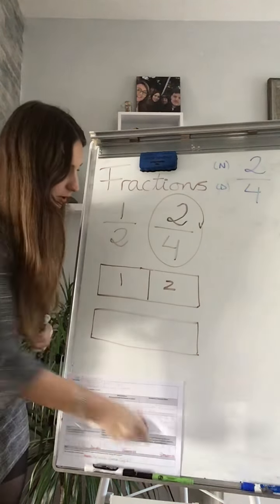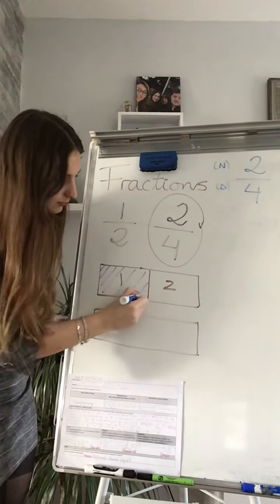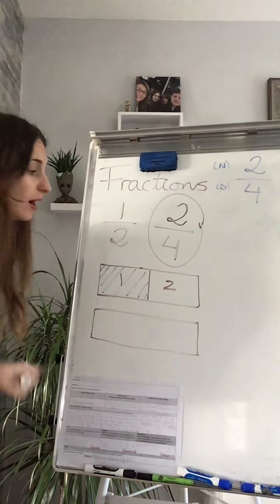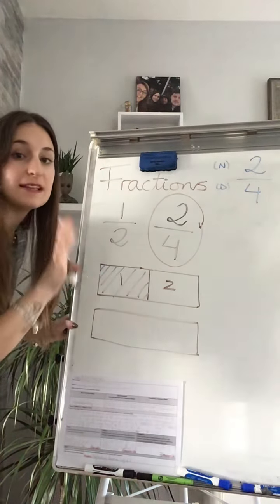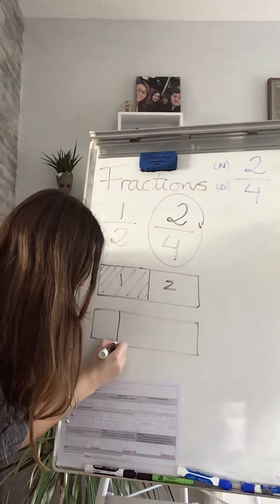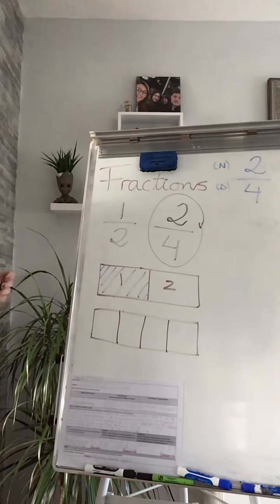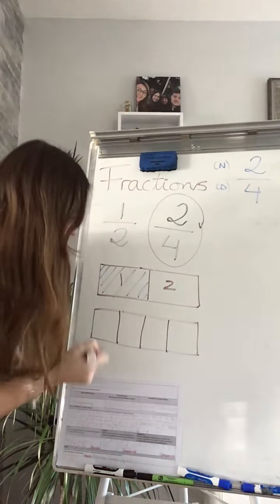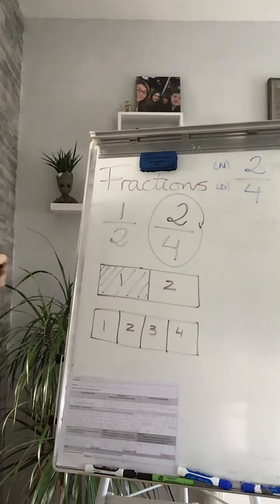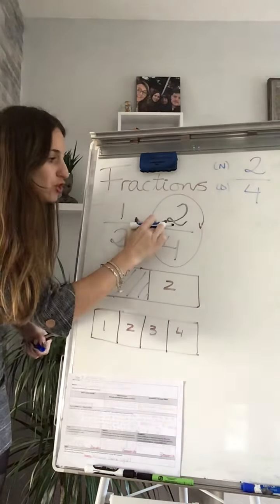And I am going to eat 1. The other chocolate bar is split into 4 equal parts. So let's try 1, 2, 3, 4. More or less, let's see. 1, 2, 3, and 4. And from this chocolate bar, I'm going to eat 2 of them.